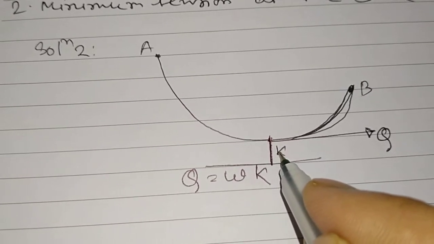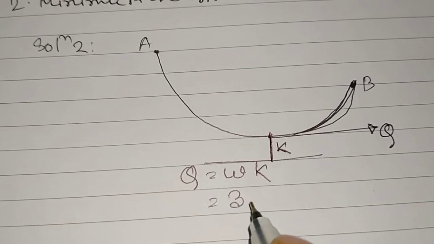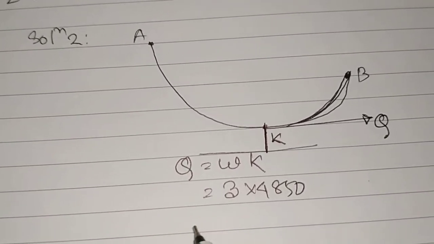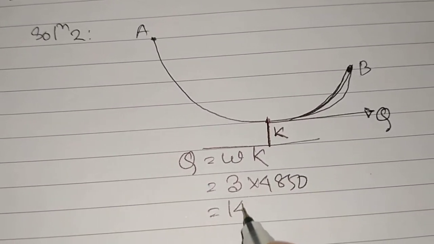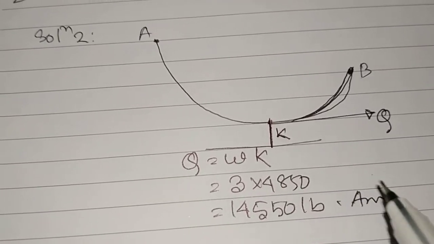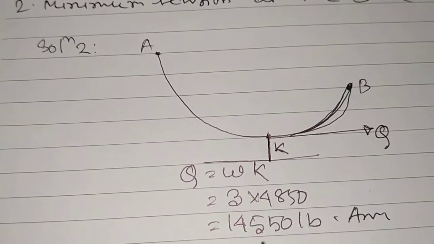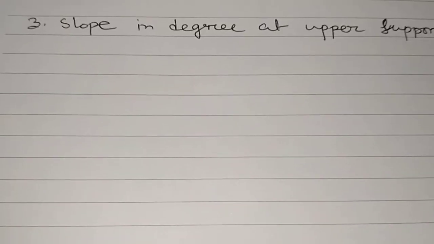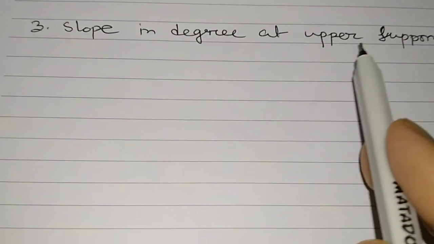This distance is called K, and we know that W equals 3 and K equals 4850, and by solving this we get 14550 pounds, and it is the answer. The minimum tension for the cable is 14550 pounds.